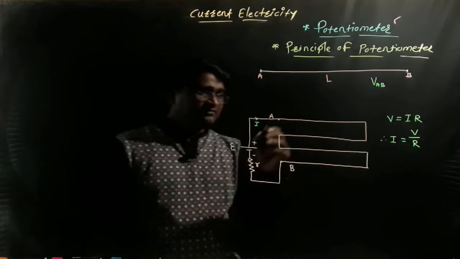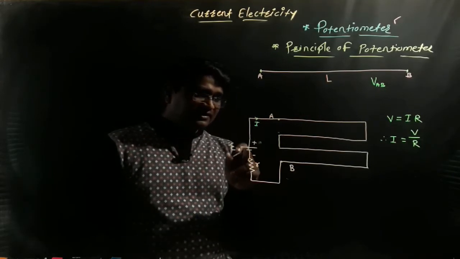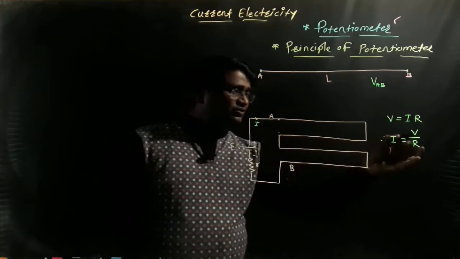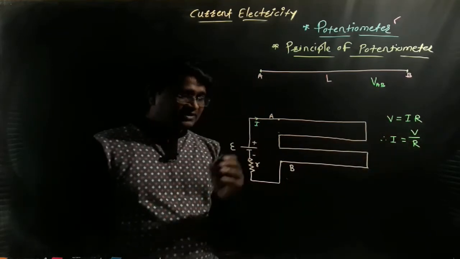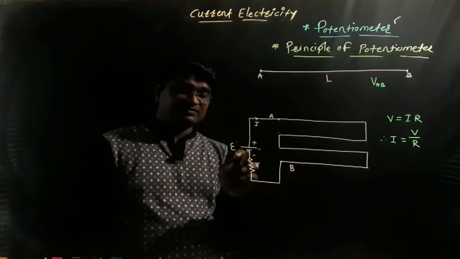If AB is the wire and electric current passes through it, the total potential will be denoted by V. Here the potential is denoted by epsilon, because this potential is provided by the cell.